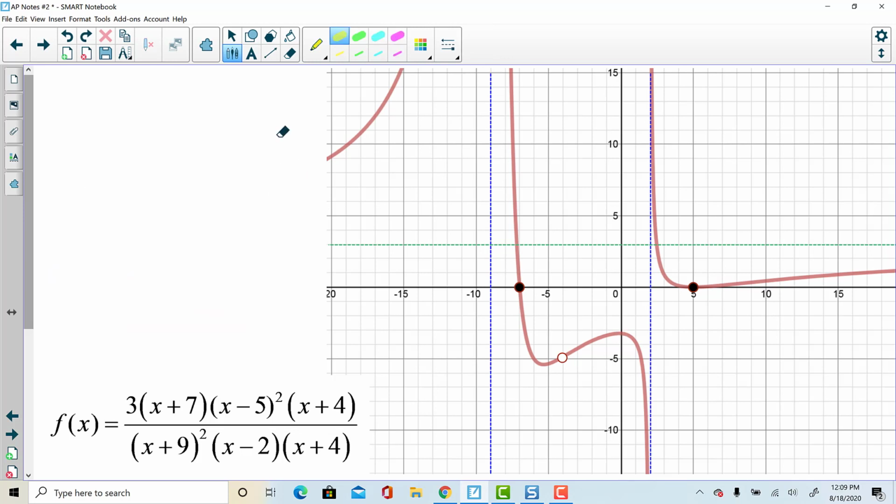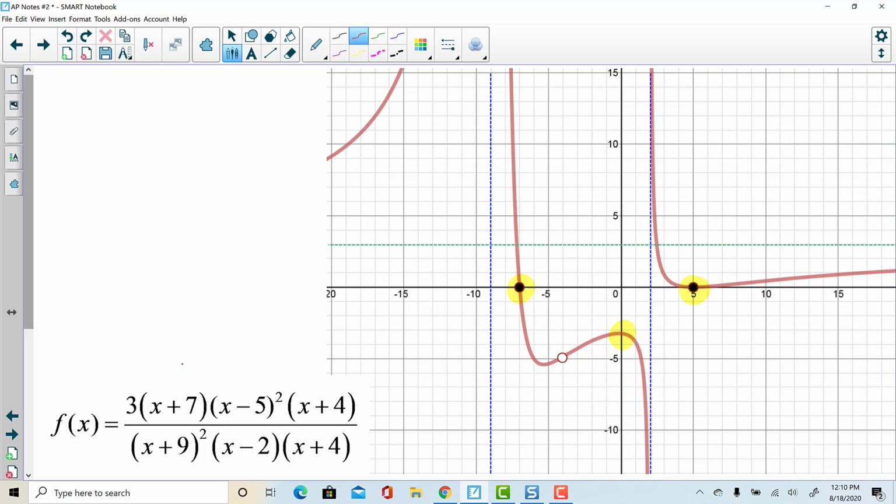Okay, so we have our 2 vertical asymptotes, we have our horizontal asymptote, we have our x-intercepts and our y-intercept. We're going to do the hole last, so that part will be done last. So let's pretend we don't have that yet. Let's look real quick. If we had this x-intercept and this x-intercept, and we had this y-intercept, I think we would have enough to start drawing.